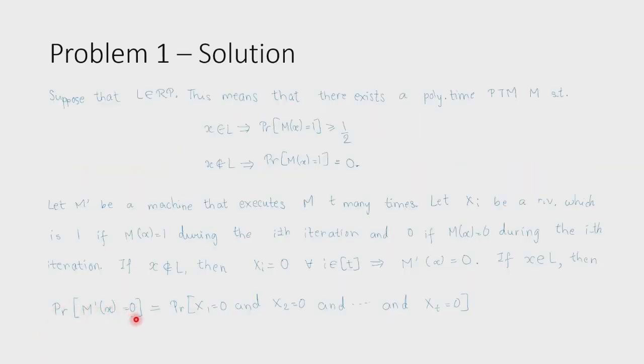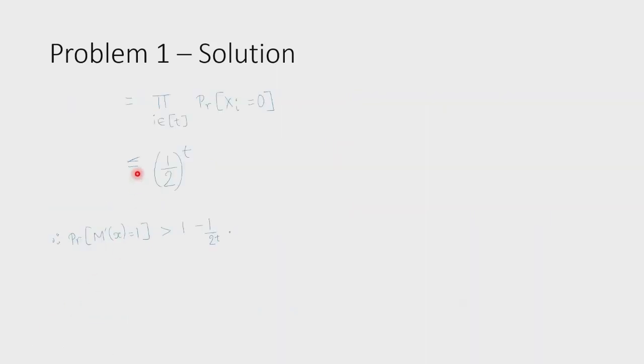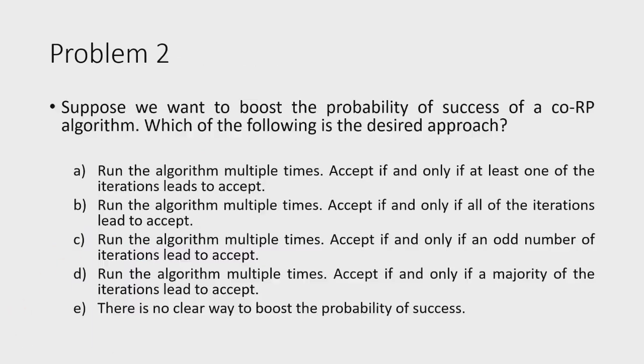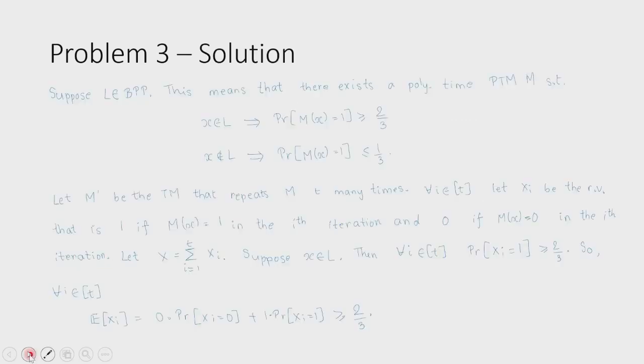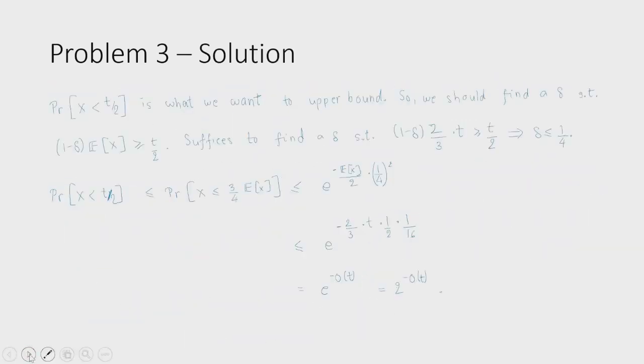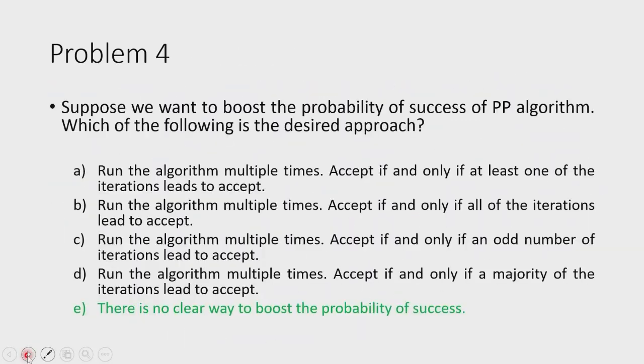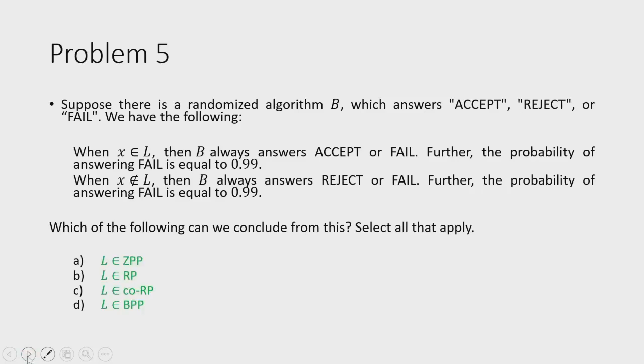The probability that M'(x) equals 0, and that we showed was at most 1 over 2 to the t. So the failure probability decreased, right? Over here, what's the failure probability? It's 0.99, right? Or in other words, the success probability is 0.01. So I can do the exact same thing to decrease this failure probability, right?